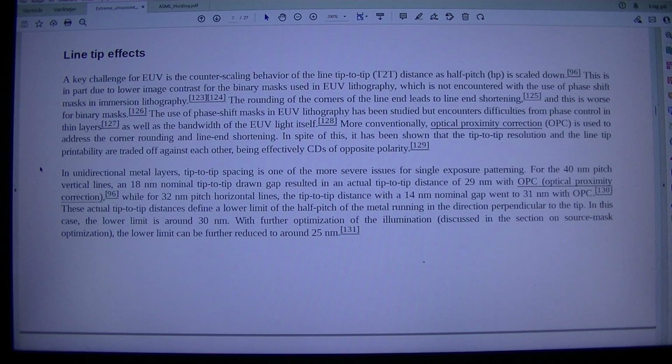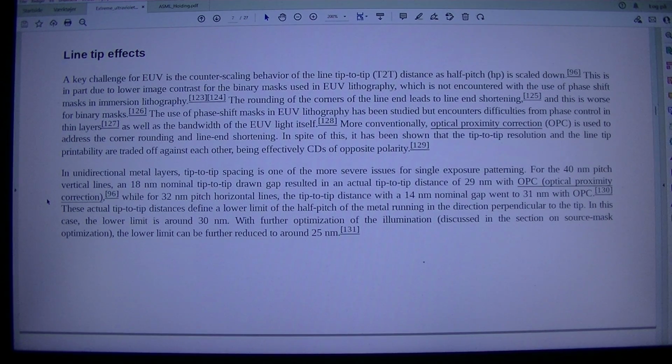For the 40 nm pitch vertical lines, an 18 nm nominal tip-to-tip drawn gap resulted in an actual tip-to-tip distance of 29 nm with OPC, optical proximity correction,[96] while for 32 nm pitch horizontal lines, the tip-to-tip distance with a 14 nm nominal gap went to 31 nm with OPC.